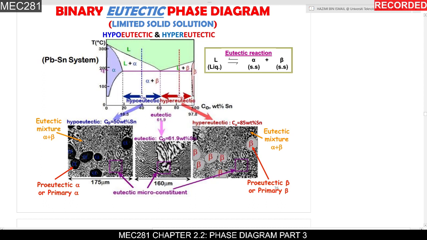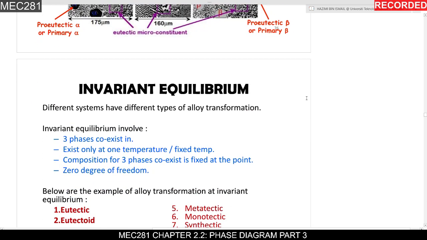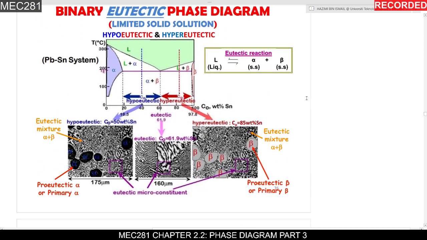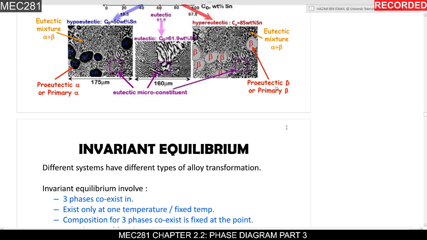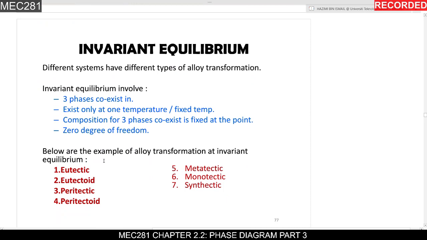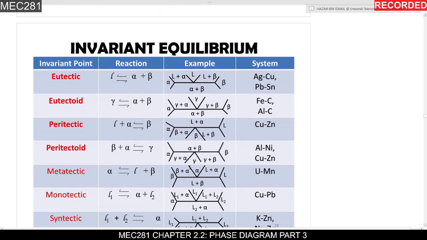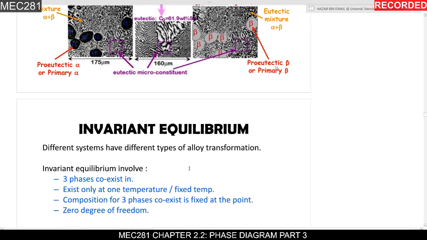Okay, for the pro-eutectic, still the same as in the no solid solution as in the previous video. Okay, so I think that's all for this video. We will continue in the next video about the invariant equilibrium, because this is quite different. Okay, another forms of alloy transformations. Okay, there are many other forms. Okay, so this one we will discuss in the next video.